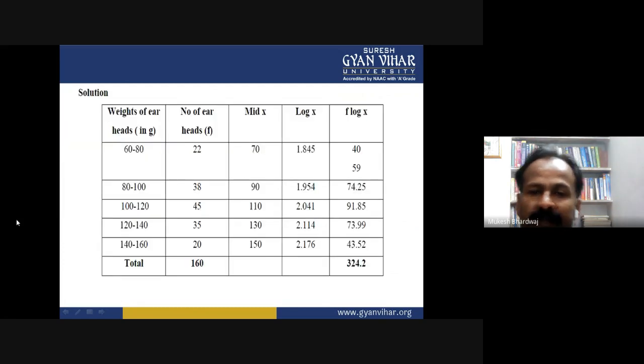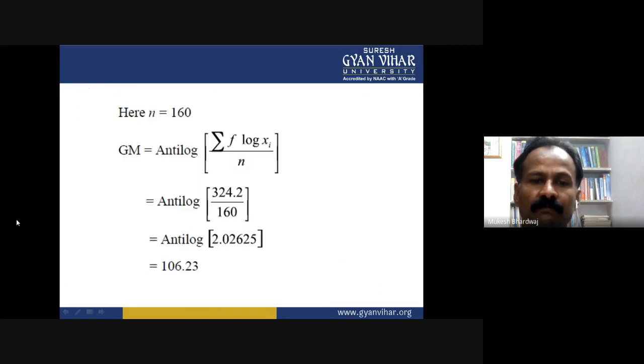You need to create the table because we need the data according to this table, and we put the data in the formula, do the calculation and get the final result. This comes out to be 106.23.